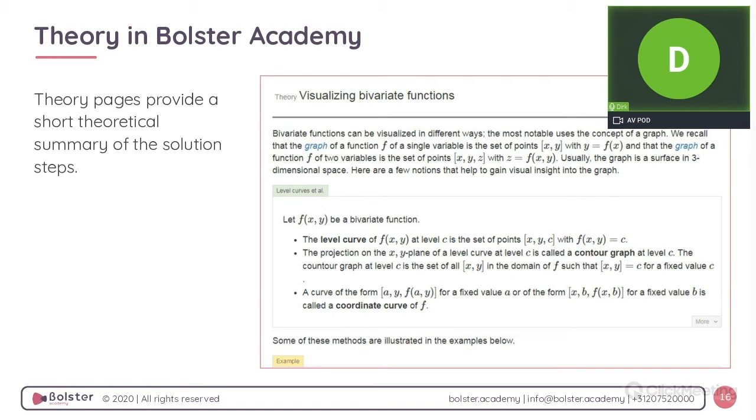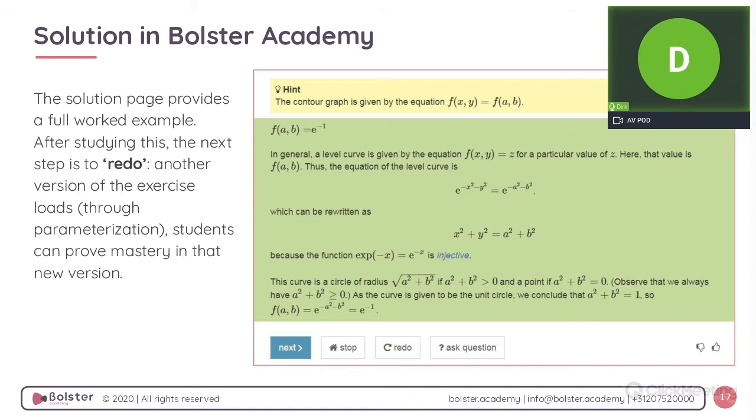The theory page gives you a description of the theory behind this topic of visualizing bivariate functions. The solution page is what's called solution page in the Bolster Academy, which is the worked out example. So here it gives a worked out example for a specific problem over here.